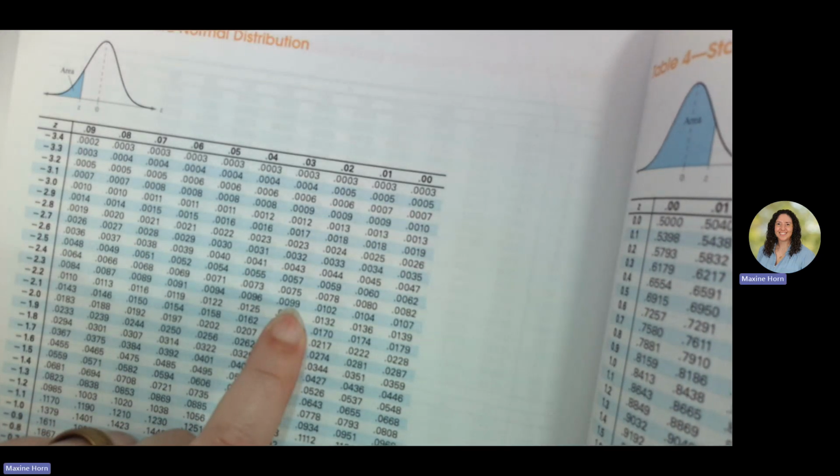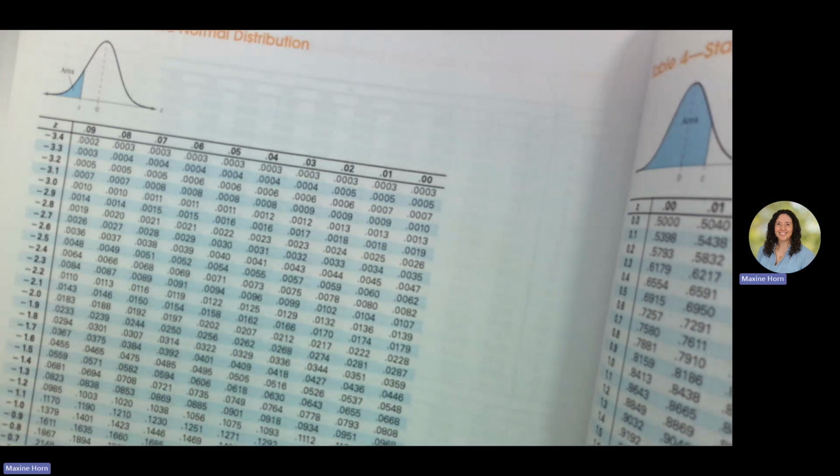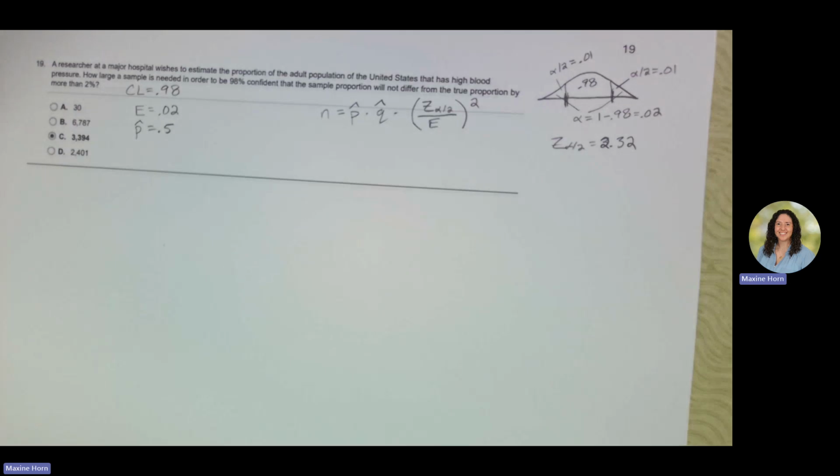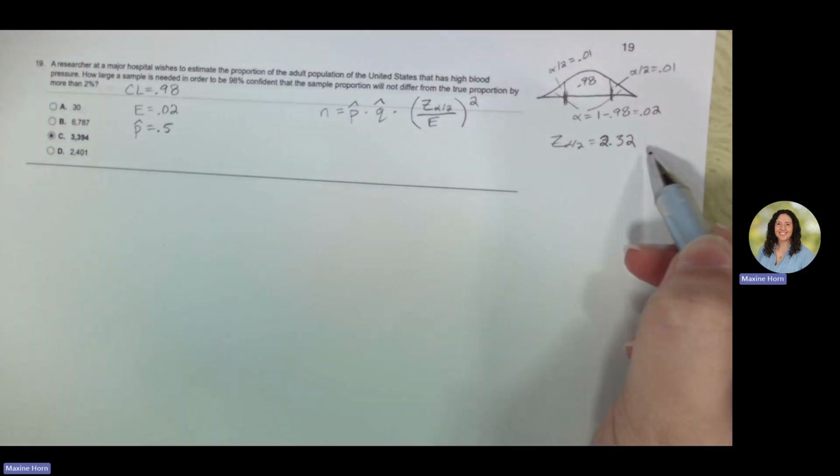We did the 0.01, so that's negative 2.33 because that's as close as we can get. So 2.33 is different than 2.32.